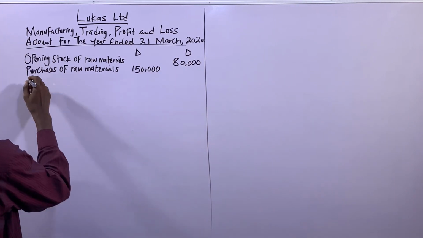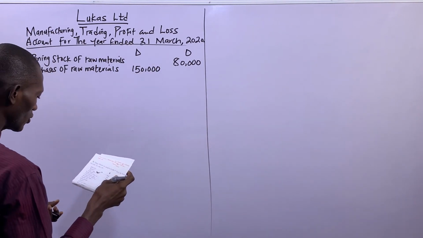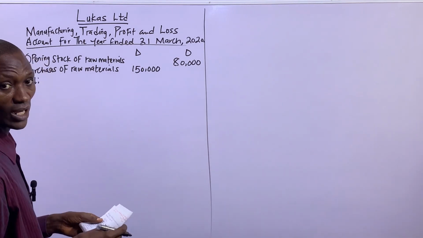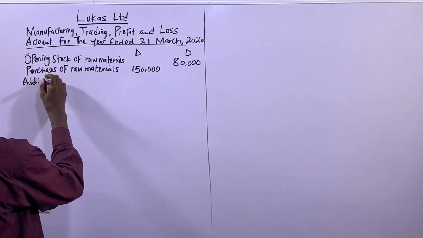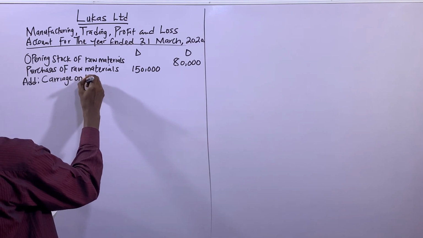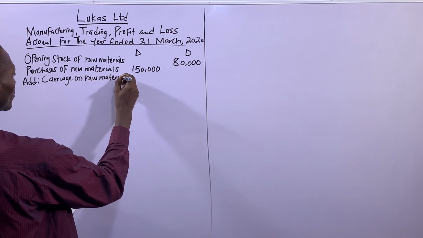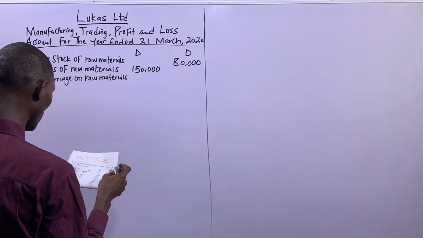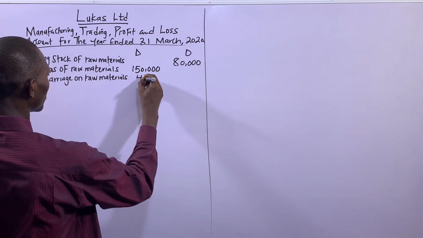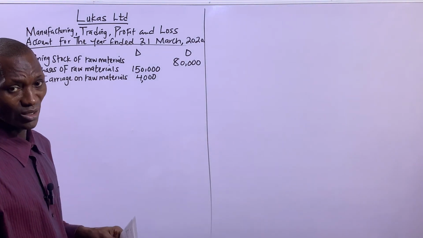Then we add carriage on raw materials. That's given as 4,000. There is no return outward on raw materials.